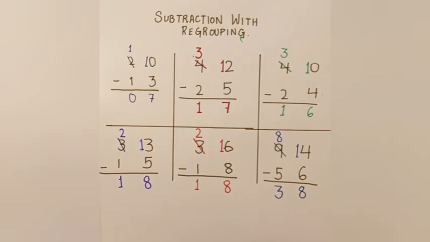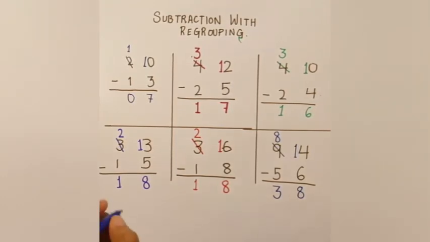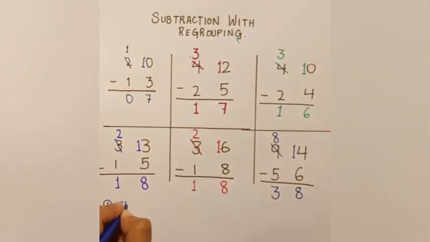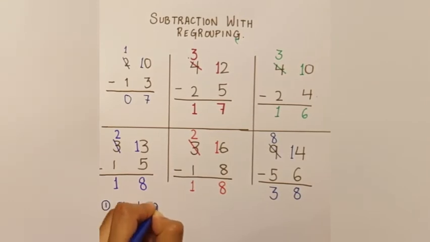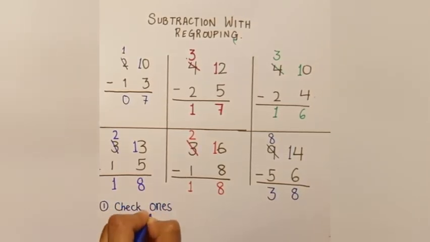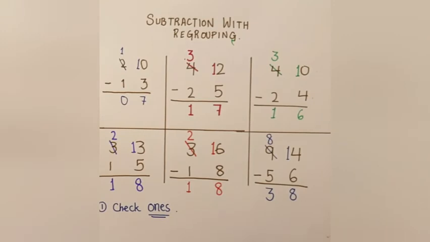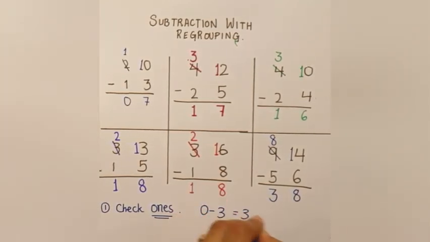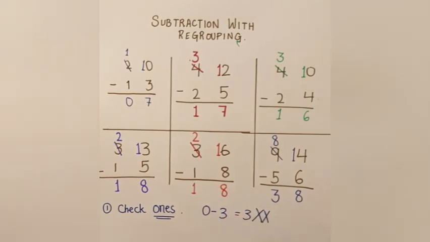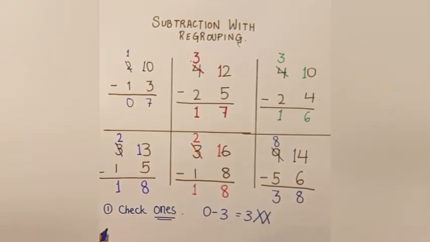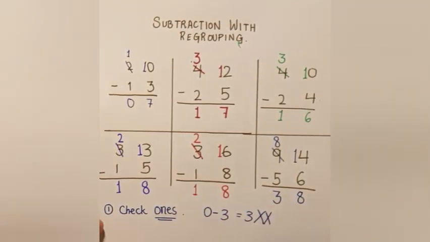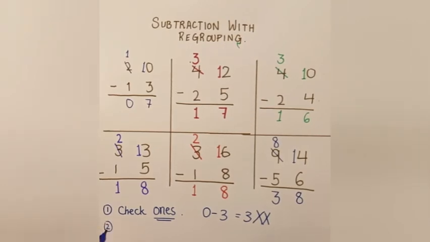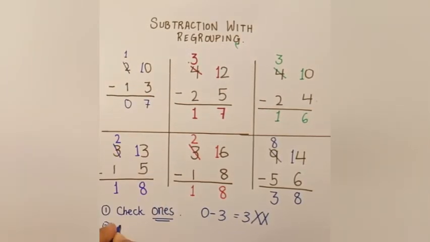Okay, so my first step to remember, always check the ones. That's the most important thing. Don't ever do 0 minus 3 equals 3. This is very, very wrong. Don't forget to write the new tens.